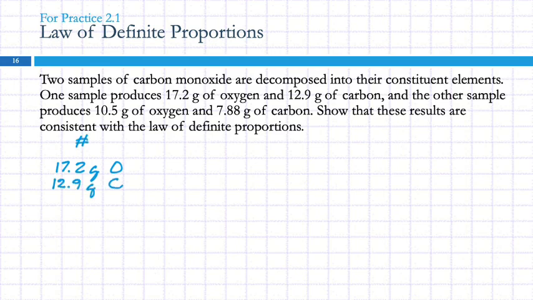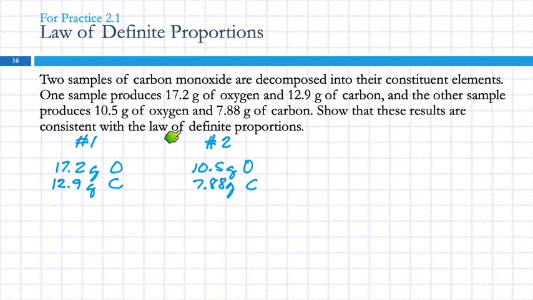That's sample number 1. The other sample produces 10.5 grams of oxygen and 7.88 grams of carbon. So it says, show that these results are consistent with the law of definite proportions.